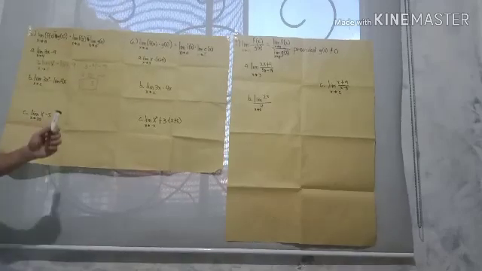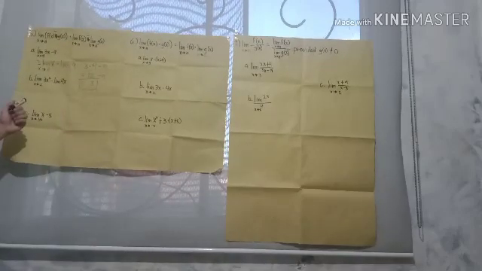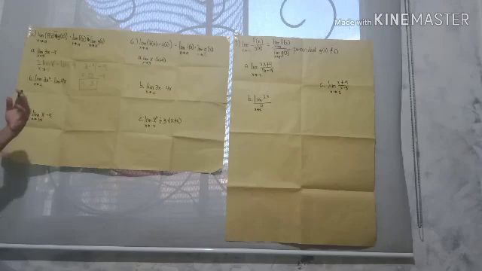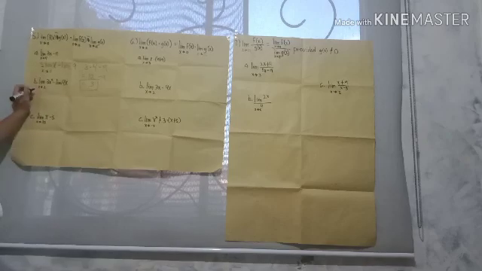Moving on to the second example, the limit of 3x squared minus 4x as x approaches 2. Again, arrange.